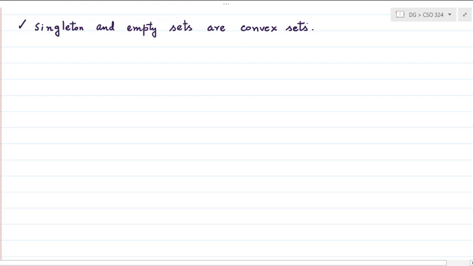Fine. Now let me give you a few results on checking convex sets of a few special regions in the R2 plane or even in the Rn space. So, a few results.